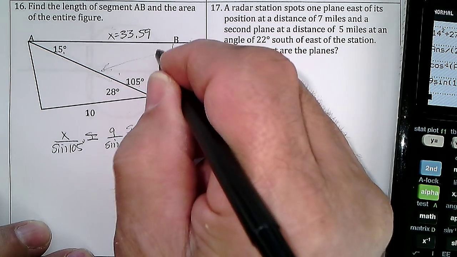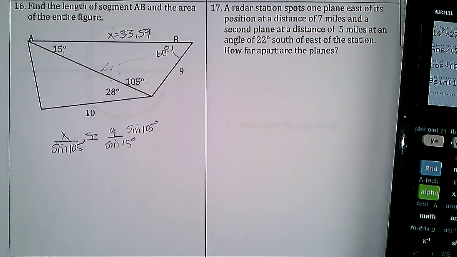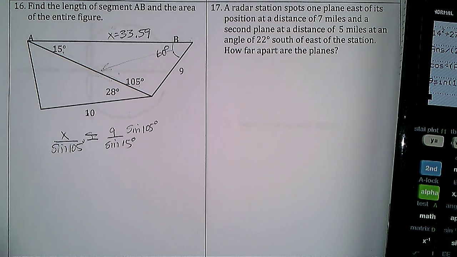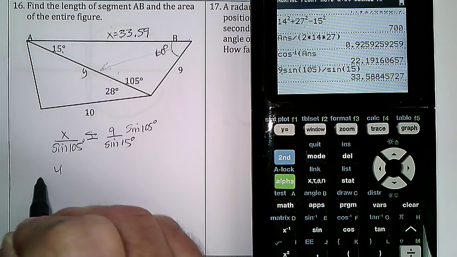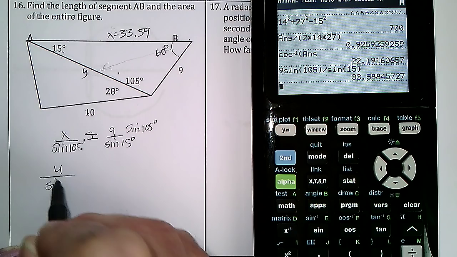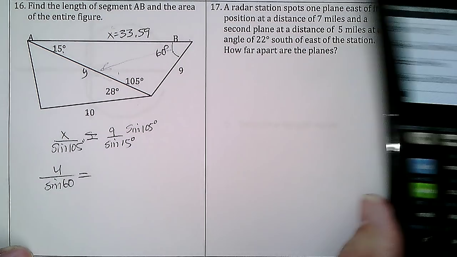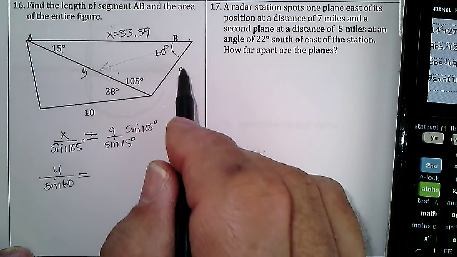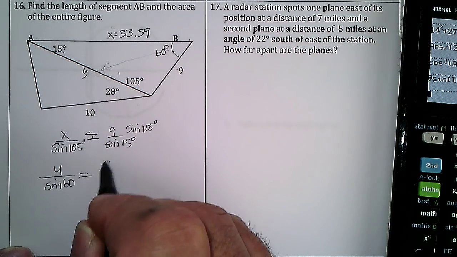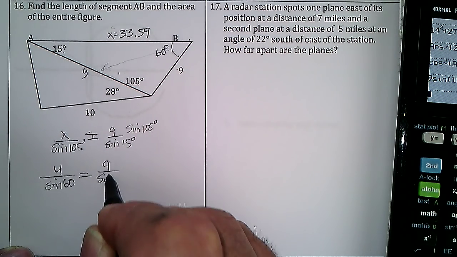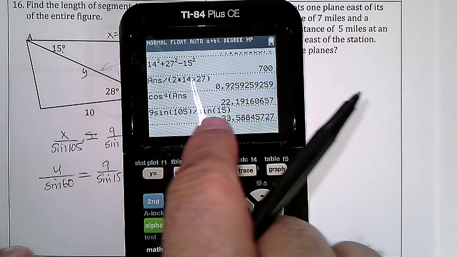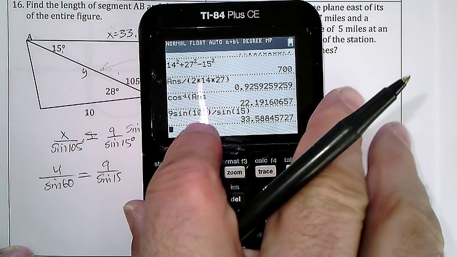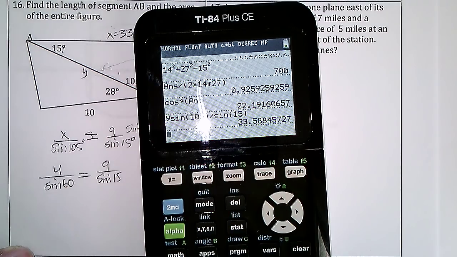And that leaves 60 for this one out of 180. So I'm going to write, I'll call this y, then y over sine of 60 is, doesn't matter which one, I'll use the one we had here, 9 over the sine of 15. So I'll be doing the same as we did before, except now instead of 105, we're doing 60 degrees.